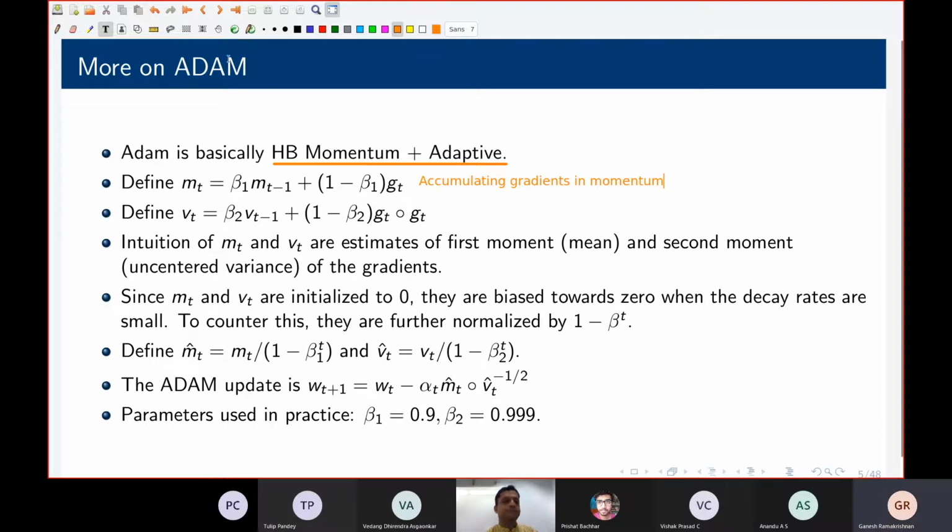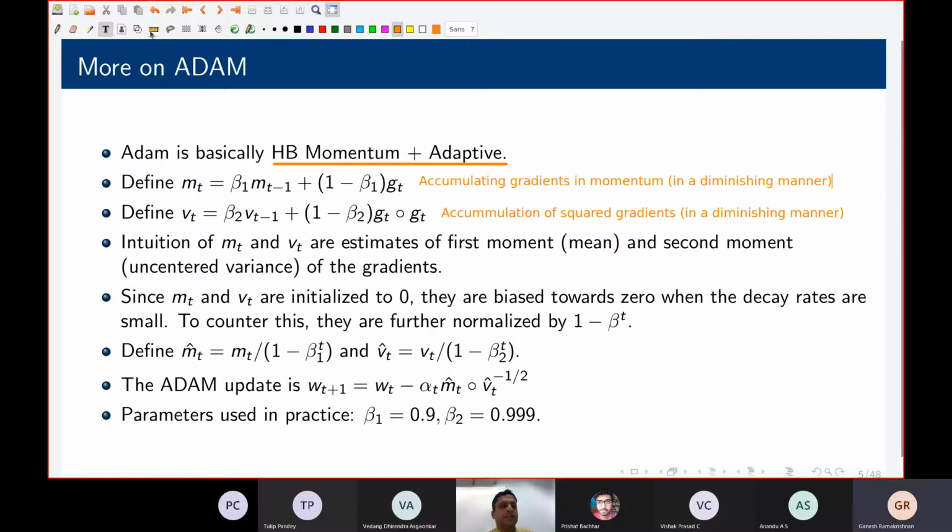Whereas we call it V, but this V is basically an accumulation of squared gradients, in a diminishing manner. You really want history that is too far away to count less. That's true with momentum too, where the diminishing is about the accumulation of gradients.